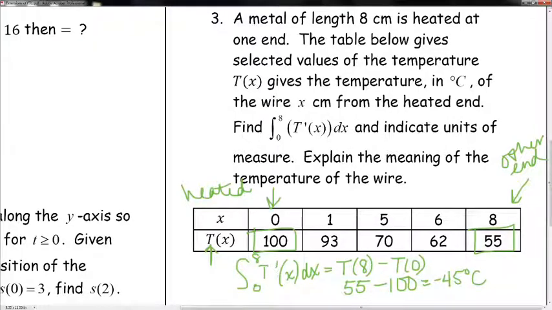And so the wire cools 45 degrees Celsius, 8 centimeters from the heated end. There we go.